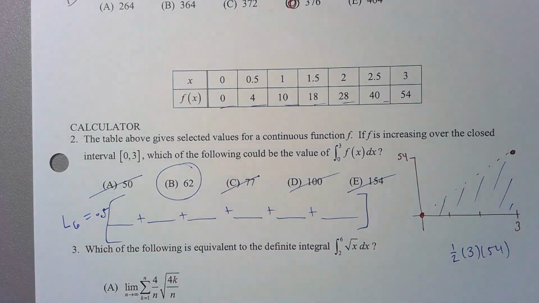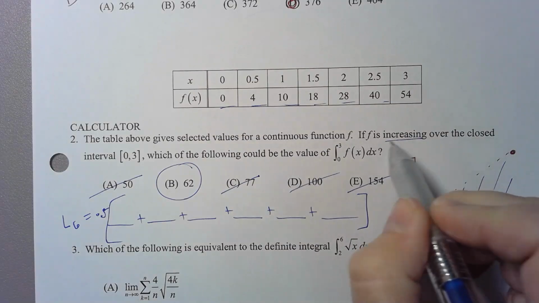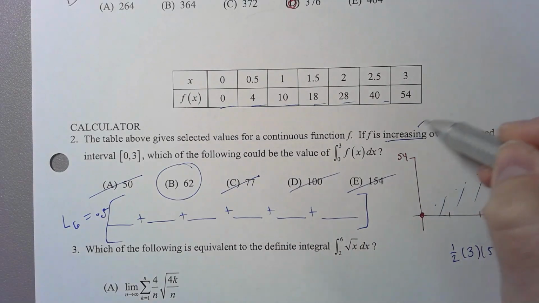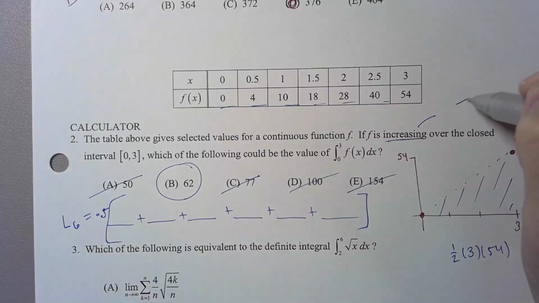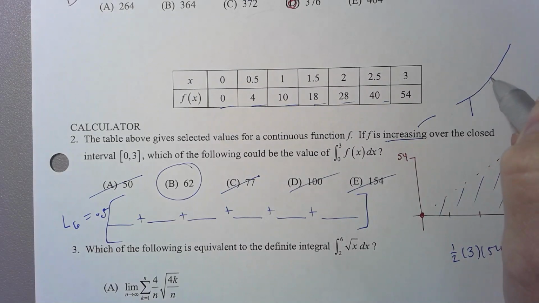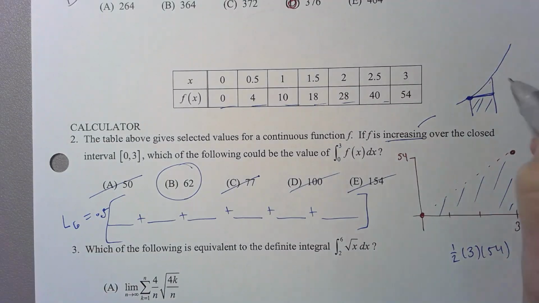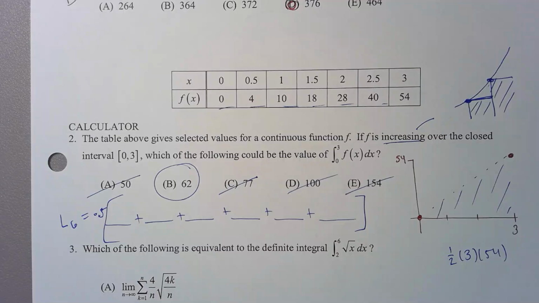And so that's why we're going to pick option B. So again, the idea that f is increasing allowed us to know, right? Think about if your graph is increasing, a left endpoint will be too little, and a right endpoint will be too big. So I went ahead and did the right and the left. Kind of get to know that I was going to be in the middle.